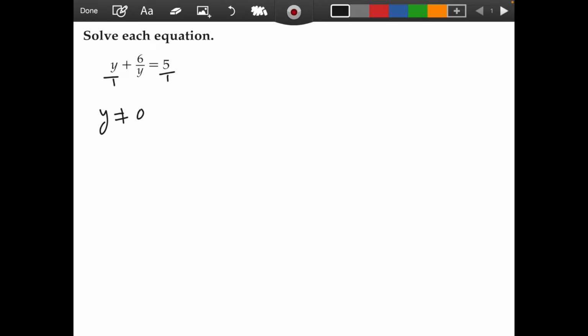I see that the best technique to solve this question is to make the same denominator. As we mentioned, this is over 1 and this is over 1. So the least common multiple is when you multiply all denominators, you get 1, you get y.